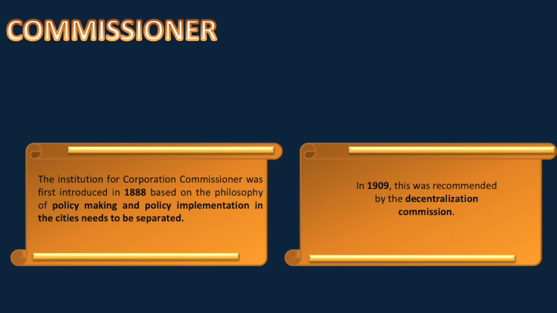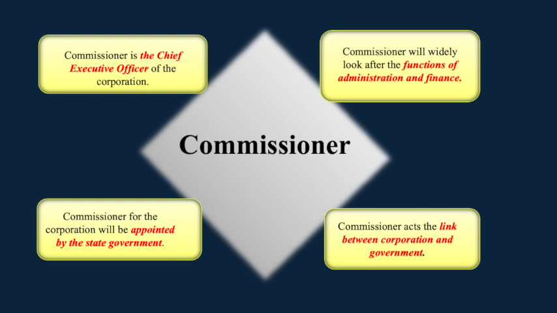Next, the commissioner is considered the chief executive officer. Under him there is an office, and for each and every department there is an office. The main function of the commissioner is administration and finance, which means collection of the revenue for the government as well as the expenditure part.